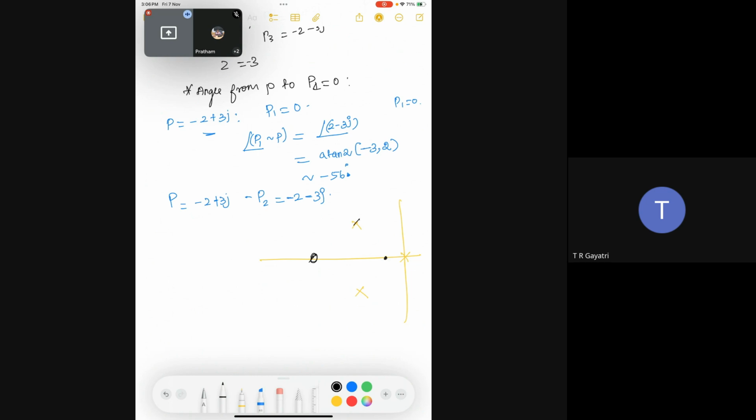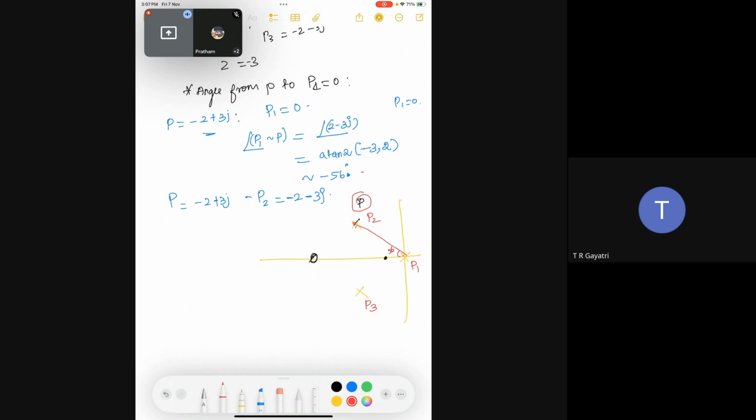First, I am considering this as P, and I'm finding the angle between P and P1. This is P1, P2, P3. So considering P2 as P first, I'm finding the angle between these two, which measures around 56 degrees.